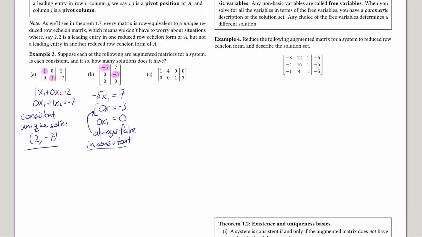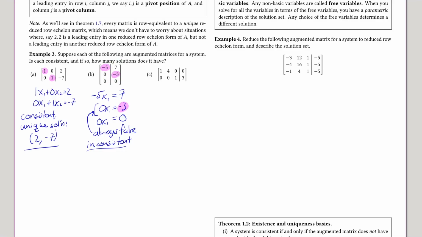And the way you can tell that it has no solution right off the bat is that this row basically says 0 equals -3. So if there's a pivot position in the rightmost column, that means you have something non-zero on the right side of the equals.